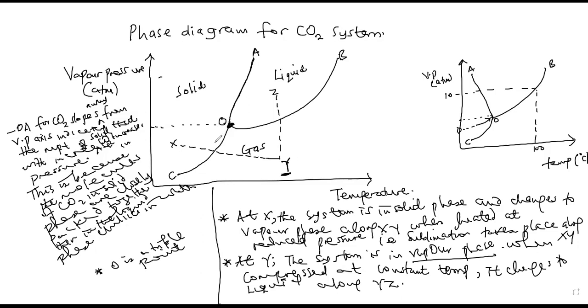So that is all we can talk about for the phase diagram for carbon dioxide. Let's now look at the sulfur system.